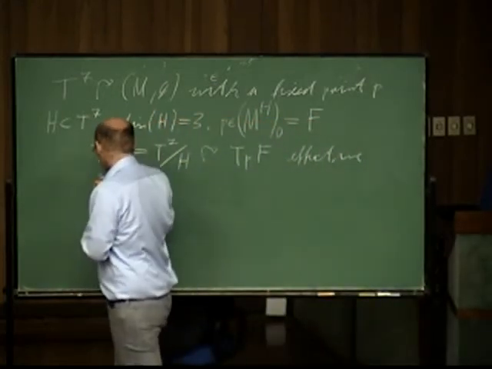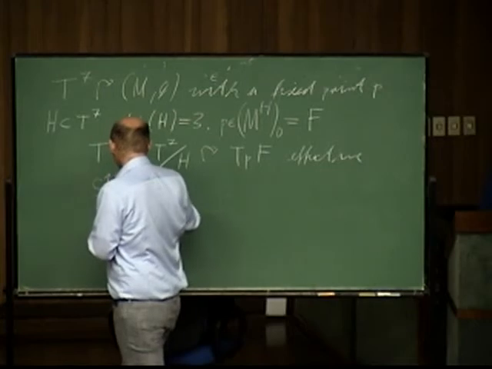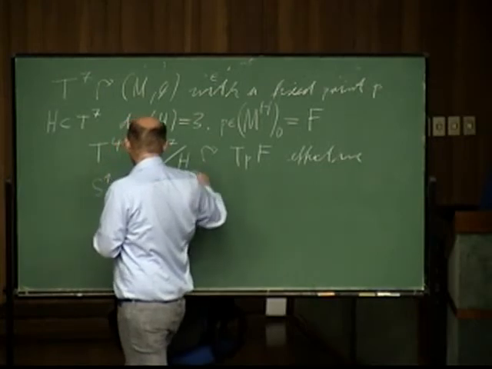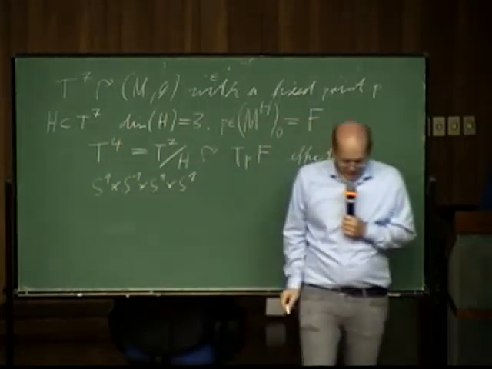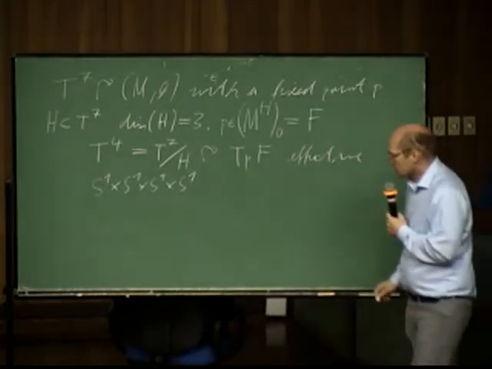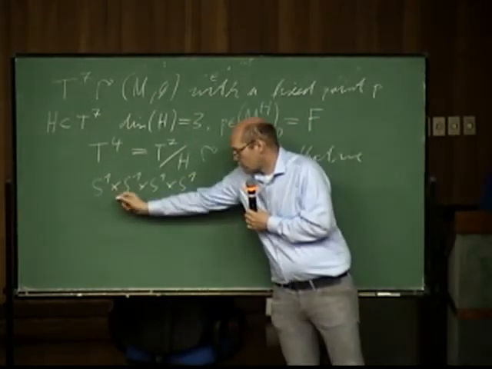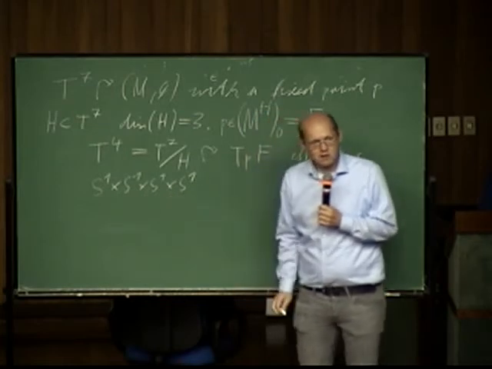So this is S^1 × S^1 × S^1 × S^1, 4 times. And the representation is effective, but only consists of 4 non-trivial inequivalent subrepresentations, right?